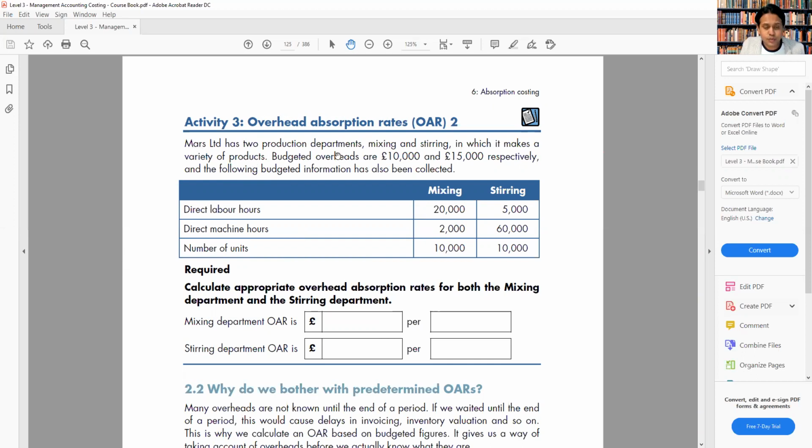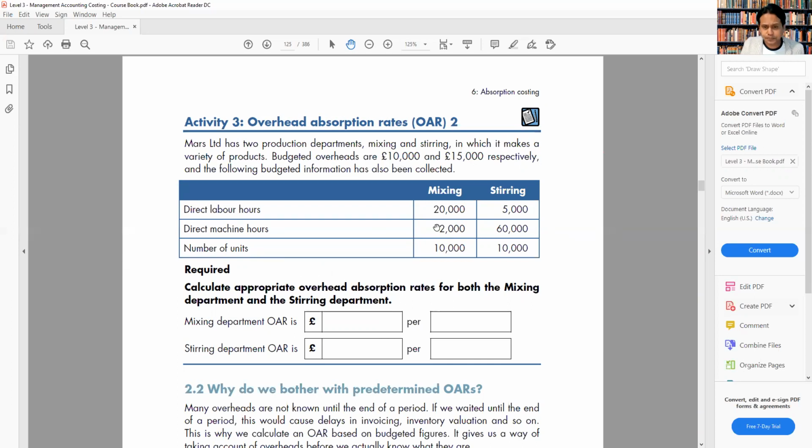Mars Limited has two production departments, mixing and string, in which it makes a variety of products. Budgeted overheads are 10,000 and 15,000. The following budgeted information has also been collected.